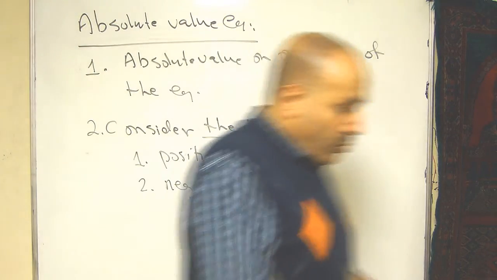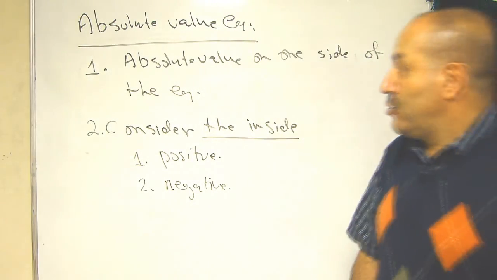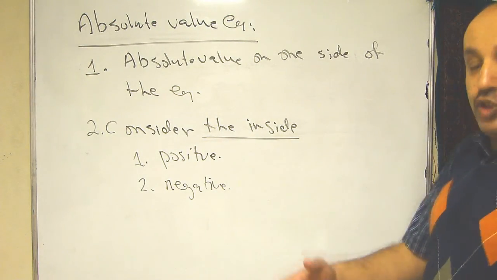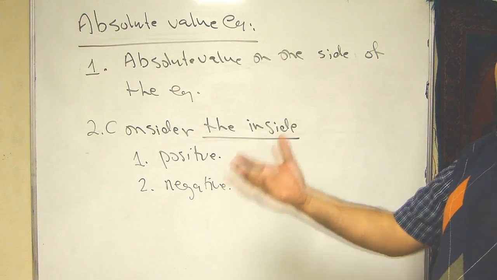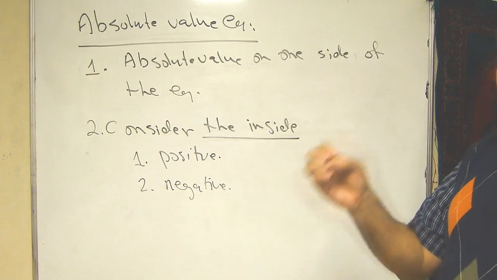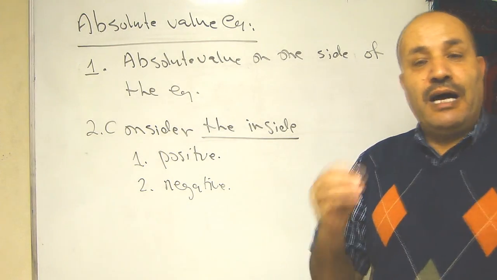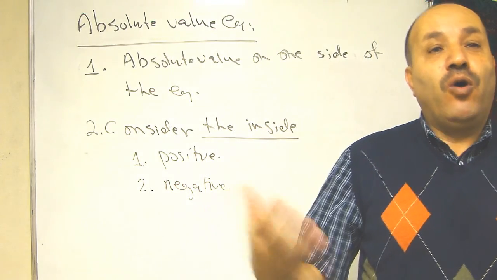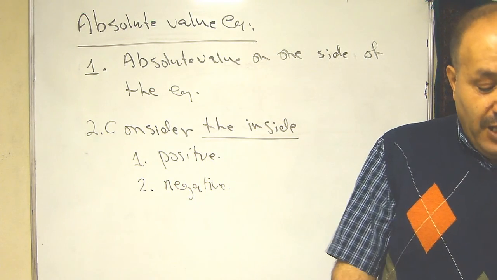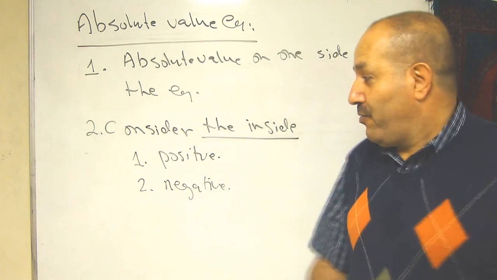Whenever we talk about the absolute value, we have to change the sign of the negative number. So whenever I want to solve the equation, I will have to consider the inside, either it was negative or it was positive. Let's take a look at the following example.